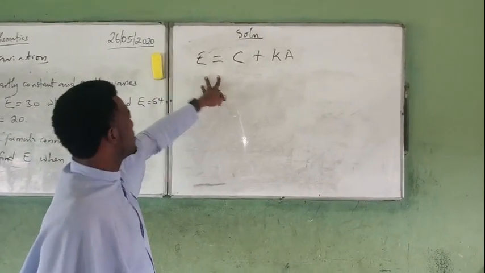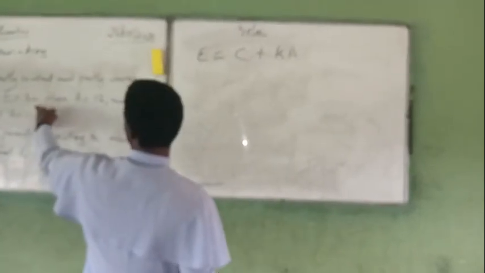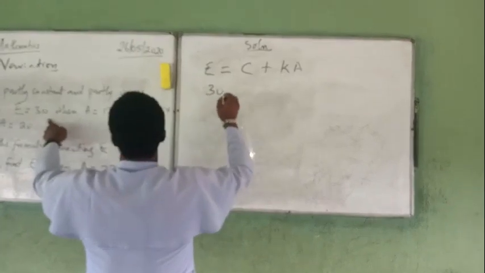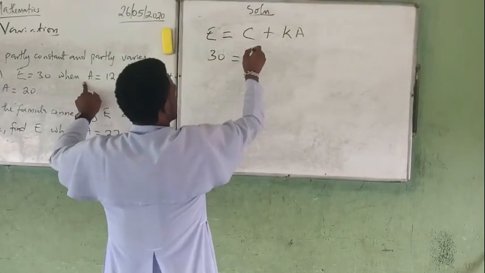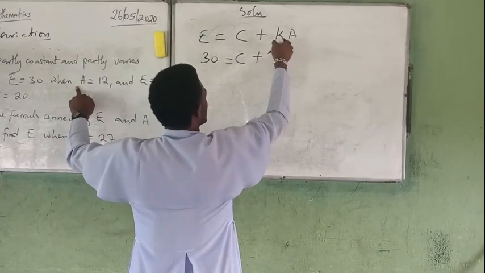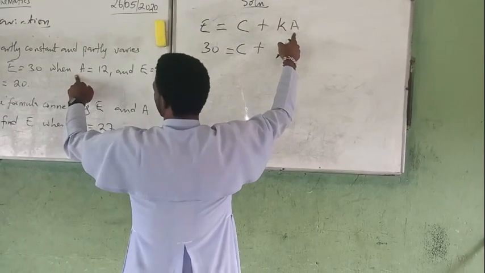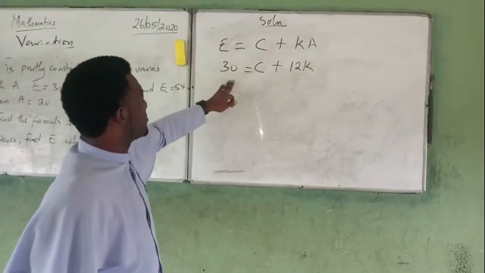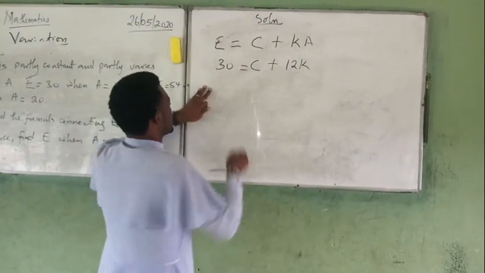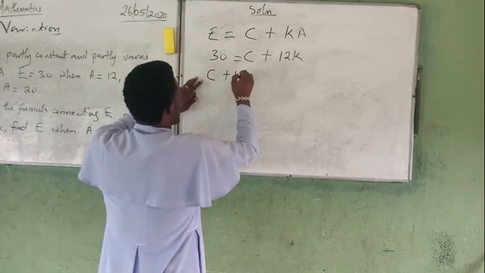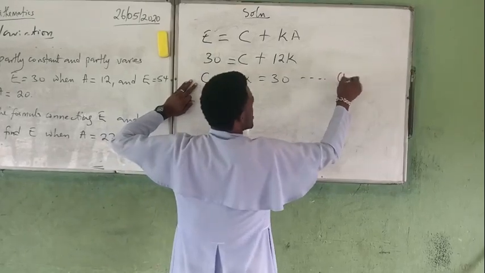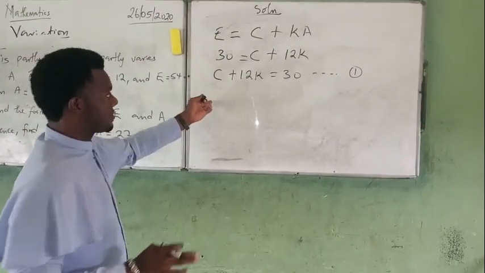So with this, you represent the first equation. In the first equation, E is equal to 30. So you put 30 is equal to constant C, we don't know it, plus A is 12, so 12K. So we have C plus 12K is equal to 30, and this is our equation 1.